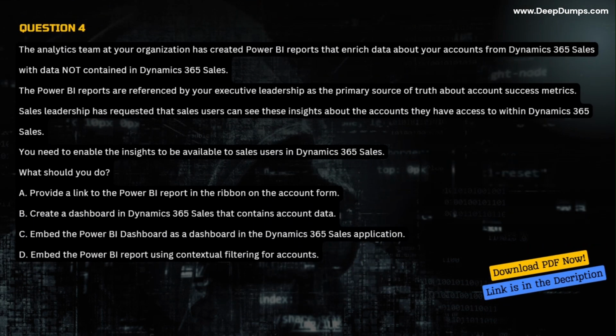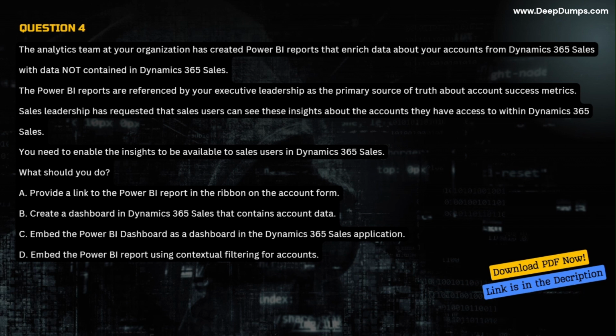Question 4. The analytics team at your organization has created Power BI reports that enrich data about your accounts from Dynamics 365 Sales with data not contained in Dynamics 365 Sales. The Power BI reports are referenced by your executive leadership as the primary source of truth about account success metrics. Sales leadership has requested that sales users can see these insights about the accounts they have access to within Dynamics 365 Sales.